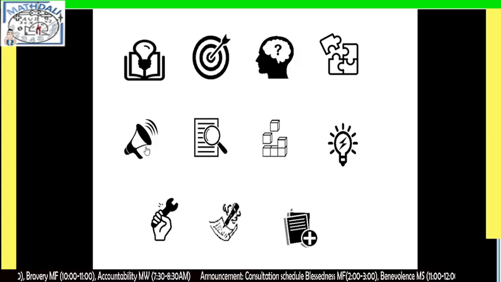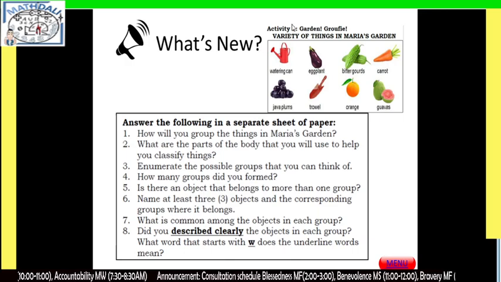Next, activity. Let us have activity 1 entitled Garden Groupie. Variety of things in Maria's garden. Ito yung makikita natin sa garden ni Maria. Ito yung watering can, eggplant, bitter gourd, carrots, java plum, trowel, orange, and guavas.